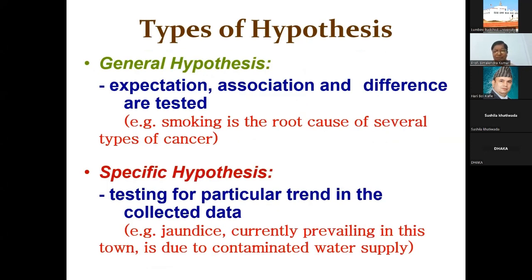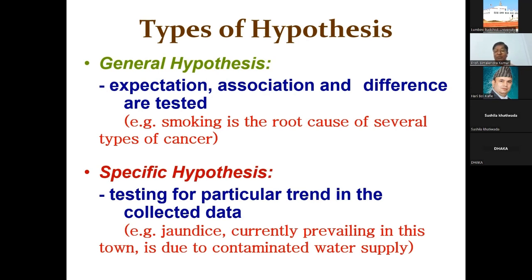Now let us discuss the types of hypothesis. There are mainly 2 types. The general hypothesis, where expectations, association, and difference are tested. For example, smoking is the root cause of several types of cancer. This is a general hypothesis. Then a specific hypothesis, which is tested for a particular trend in the collected data.